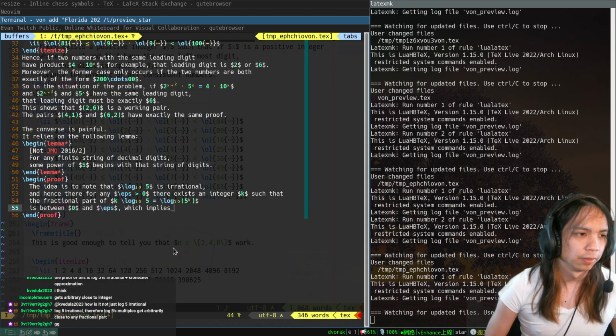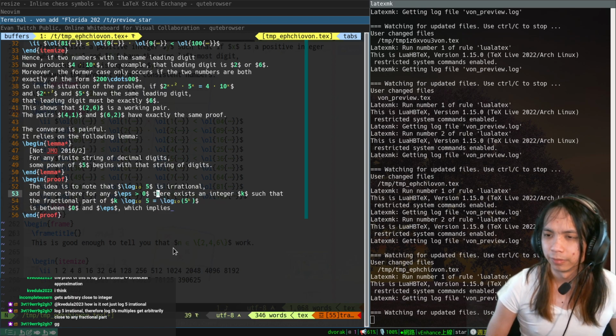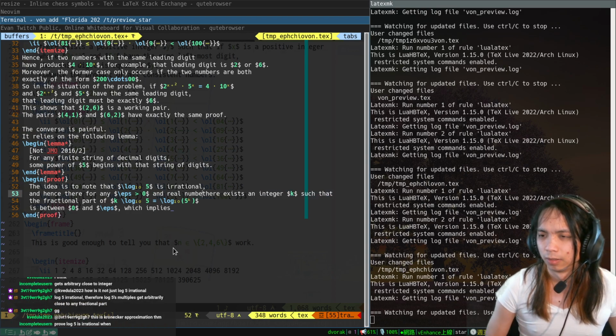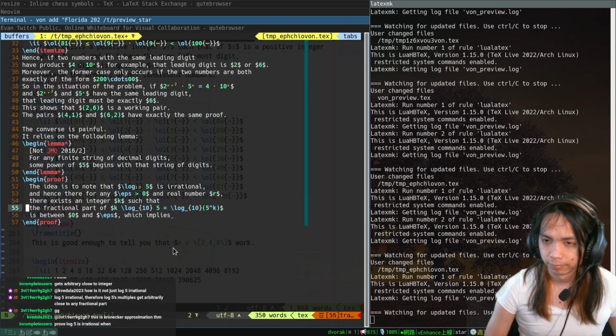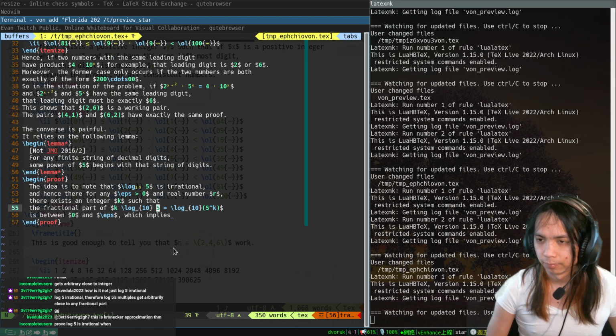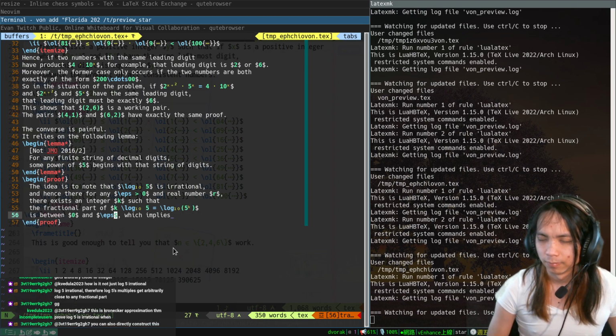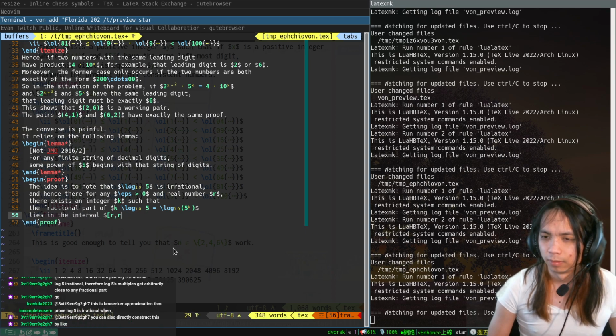Which implies for any epsilon greater than 0 and real number r, r plus epsilon.